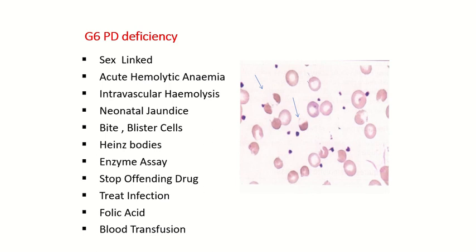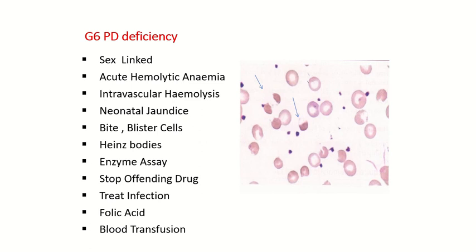So now we will summarize. G6PD deficiency is an X-linked disorder in which patients present with acute intravascular hemolysis, neonatal jaundice, or hemolysis after infection or certain drugs. On peripheral blood film, the patient shows bite cells.